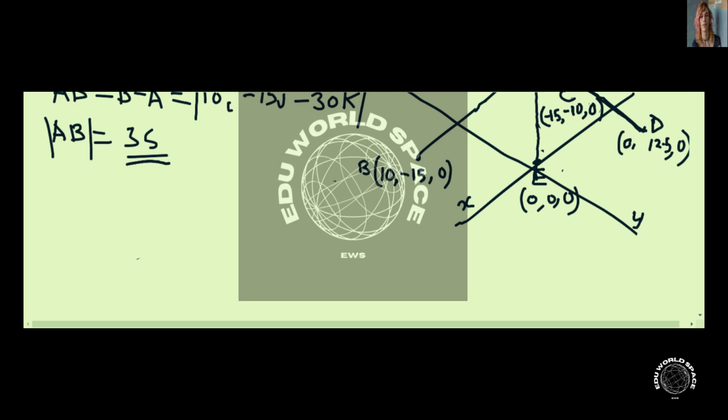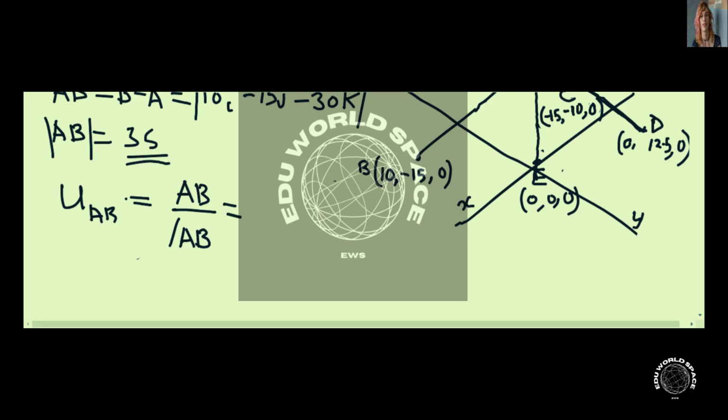Then you can now look for what we call the unit vector, as I said earlier on. For AB, the unit vector is equal to AB over the magnitude, which you have already looked for.